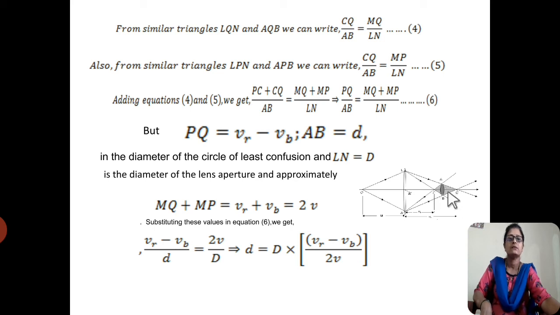And AB is the diameter, which can be taken as D, the diameter of the circle of least confusion.